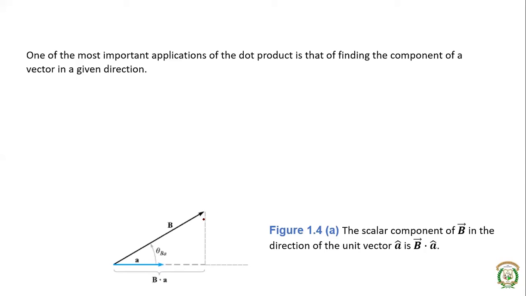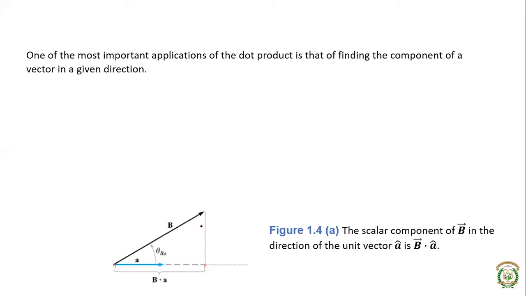So what does it mean? What is the component of any vector in the given direction? You need to drop a perpendicular from this vector b to this line that is extended from vector a. The length from here to here gives the component of vector b in the direction of a. This length can be found by the dot product between vector b and vector a.